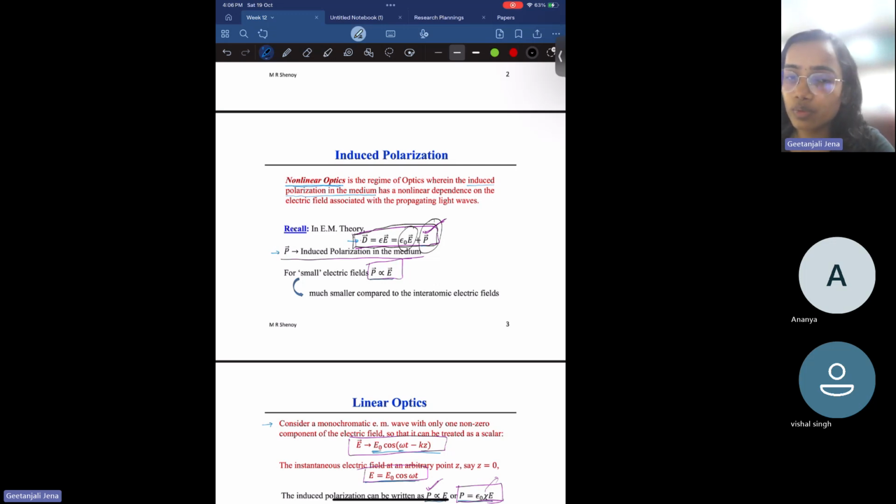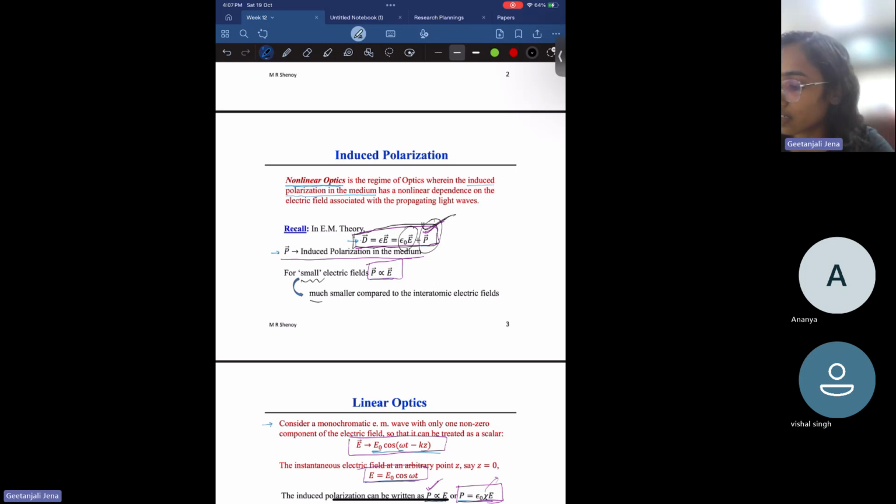Whenever you put an external electric field on a material, it will polarize because of the charges present in the material. So this polarization term is due to the external electric field. And when the electric field is small, what do we mean by small? By small, we mean the electric field magnitude is small compared to the interatomic electric field.